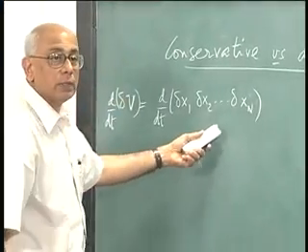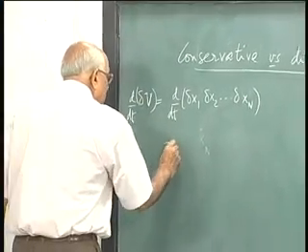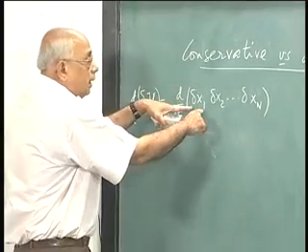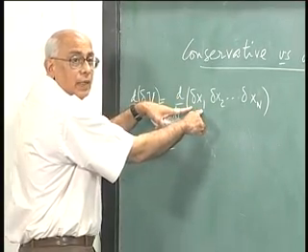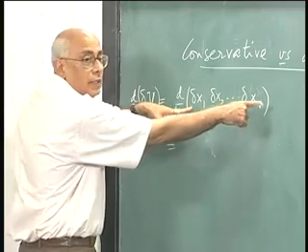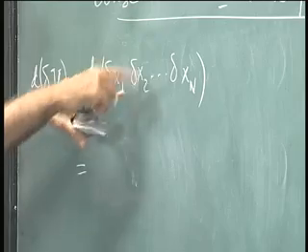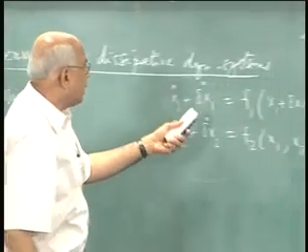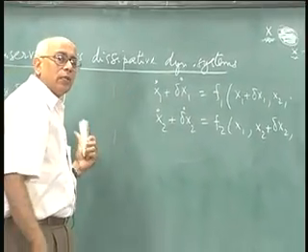And that is equal to this, and this is equal to, well, by the chain rule it is d over dt of delta x1 times all these, plus delta x1 times d over dt of delta x2 and so on, and that we can find by subtracting from this equation the original equation.